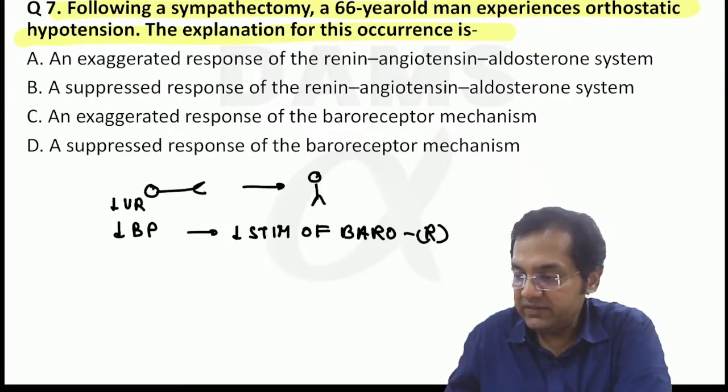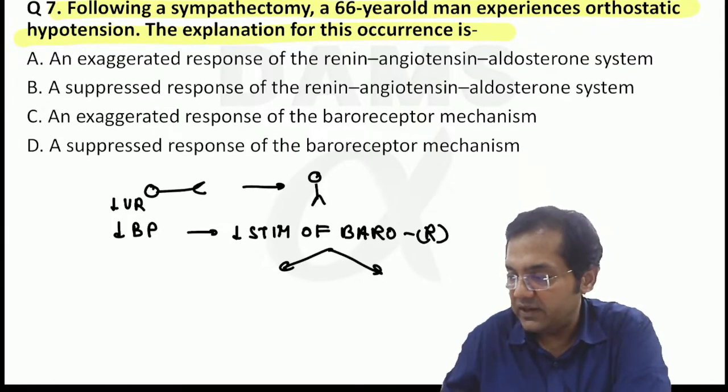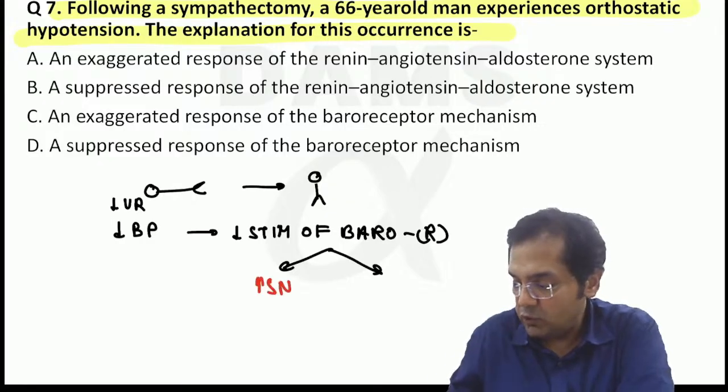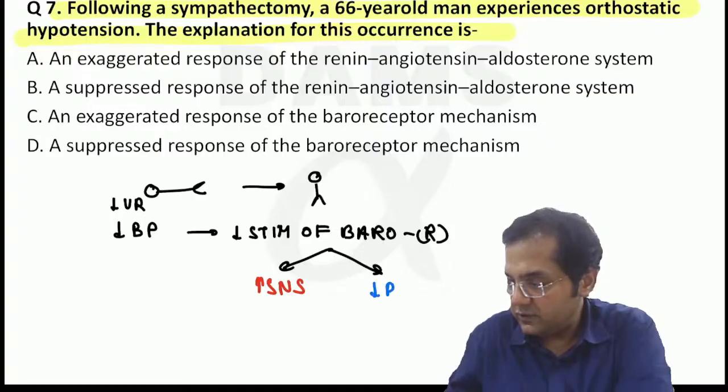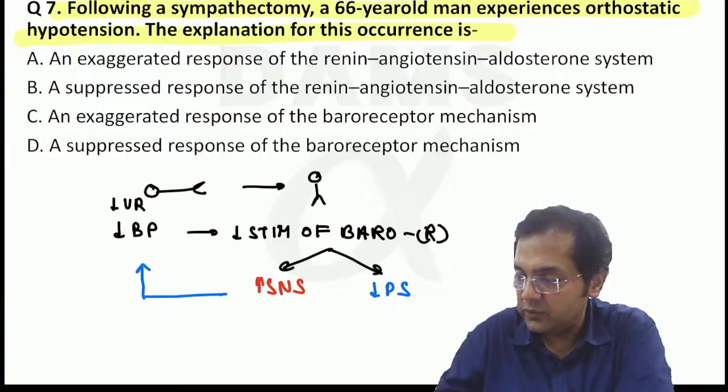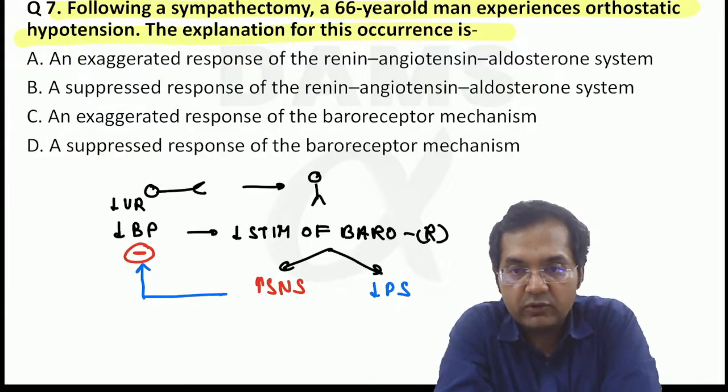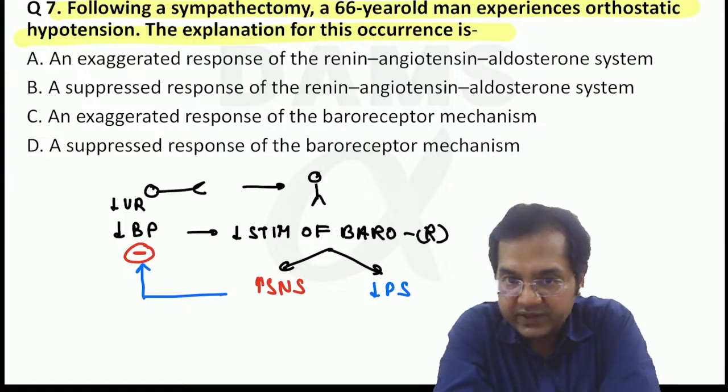Less stimulation of baroreceptors will result in more sympathetic nervous stimulation, less parasympathetic. Together these two will try to increase the blood pressure. Now if he is having orthostatic hypotension after sympathectomy, yes, very good.